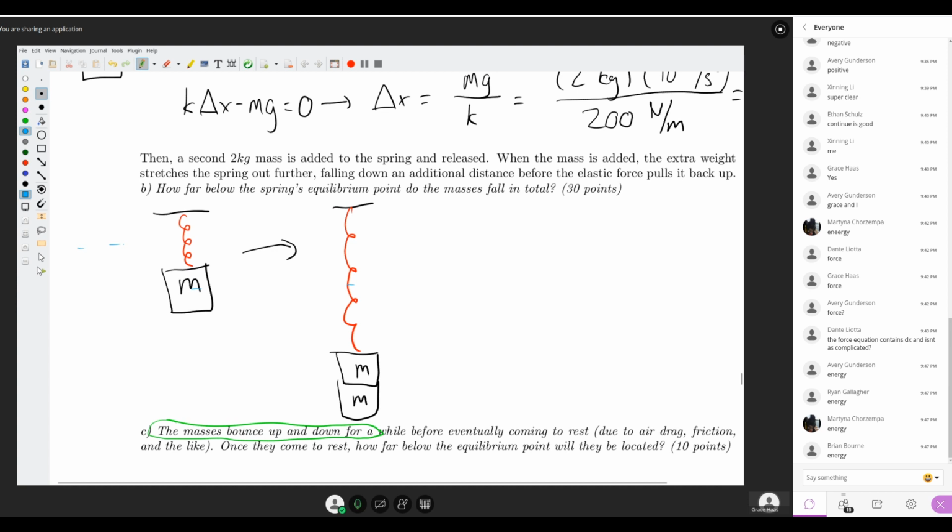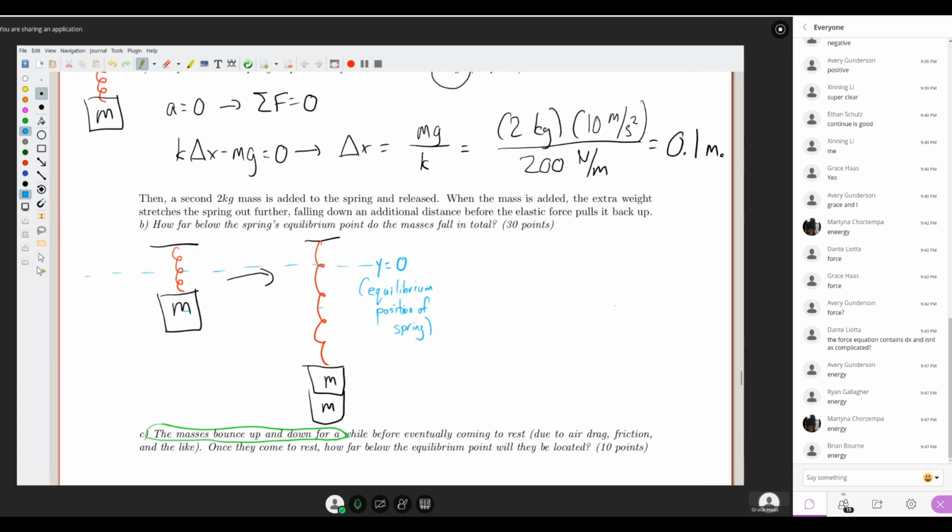I'm going to choose up here at the equilibrium height of the spring as y equals 0. So this is the equilibrium position of the spring. By making that choice, I can use the same variable for height and for spring stretch.